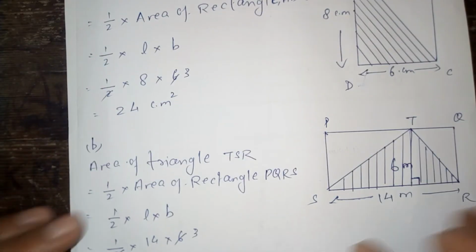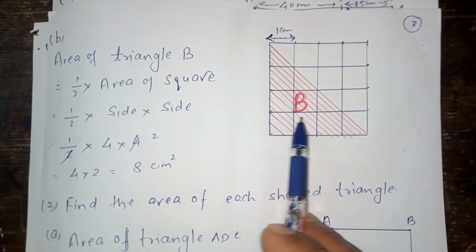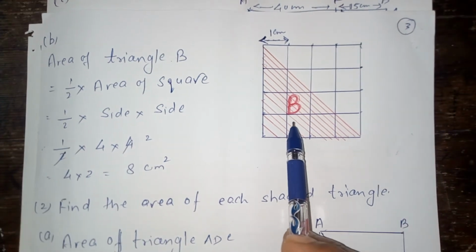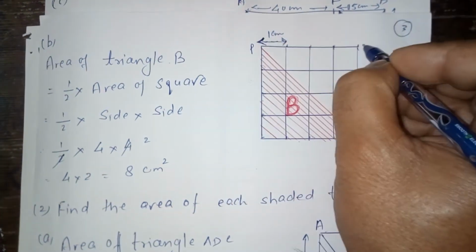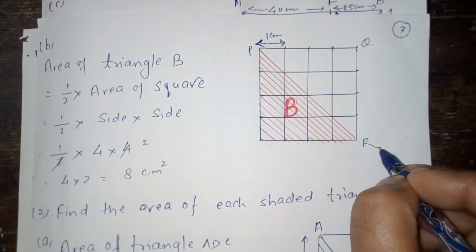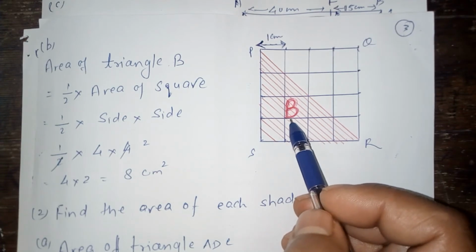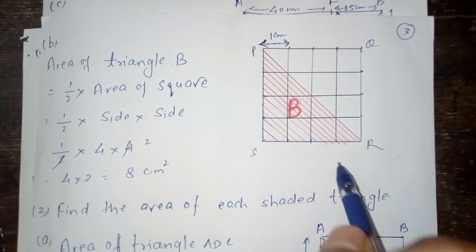Now we will find out how to find the area of triangle B. My dear student, triangle B is in the square. Suppose this is P, this is Q, this is R and this is S. Triangle B is in the square PQRS.